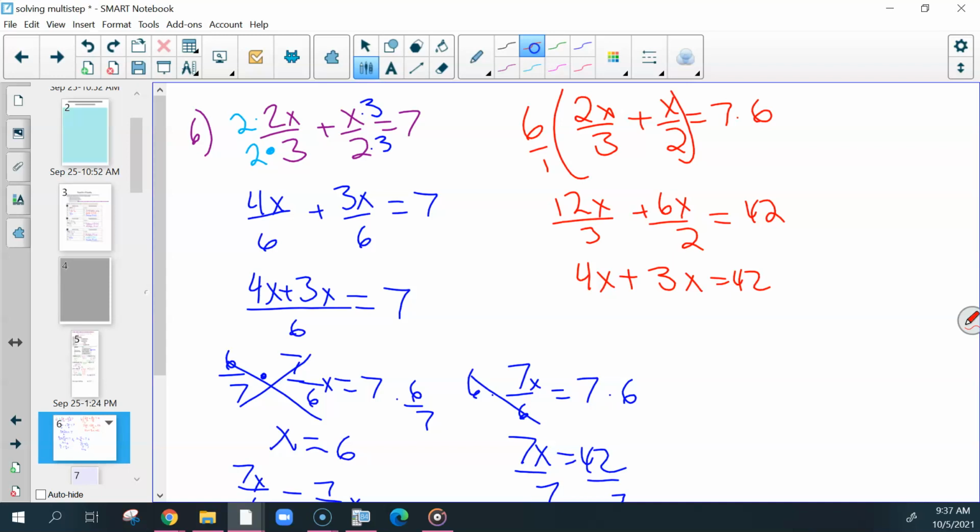Now I can combine my like terms and divide both sides by 7. If that way seems easier to you, or you like that method better, that's perfectly fine. If you like the first way better, that's also fine. It's your preference, so when you get questions like this, you choose which one you like.